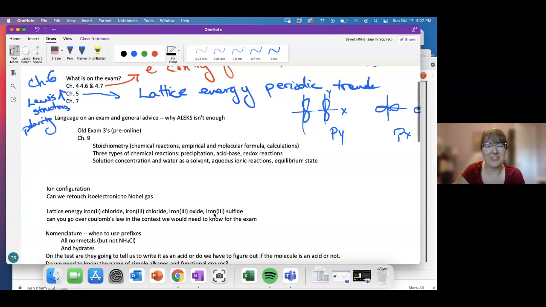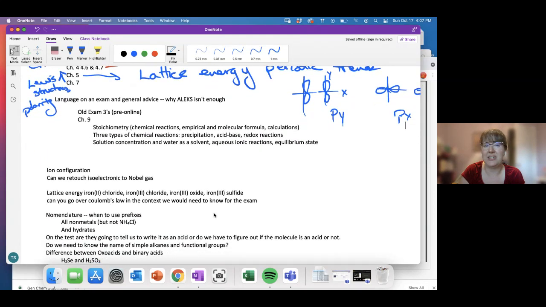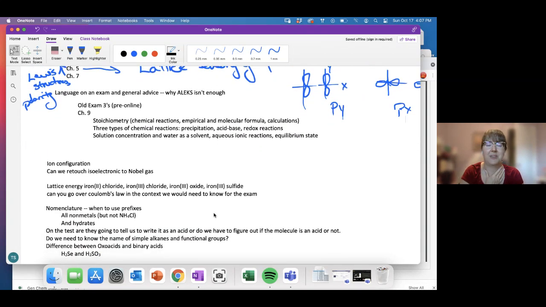So one of the questions I got from the beginning, from the things folks submitted early on, is they asked a bunch of different things that I recognize as all being out of chapter 9. So a quick reminder for those of you that have either older siblings or have gotten a hold of previous exams from previous semesters.